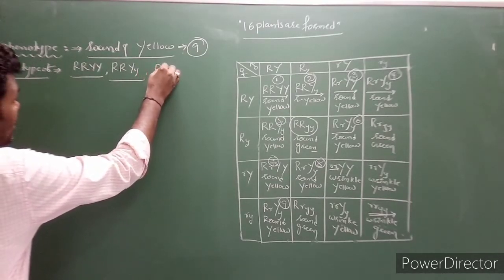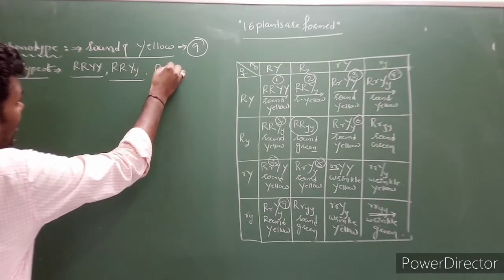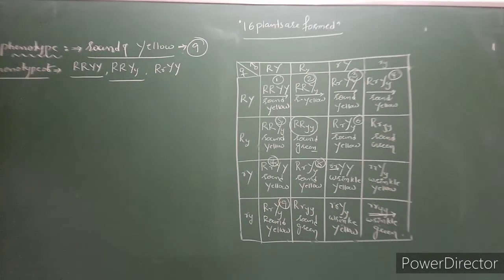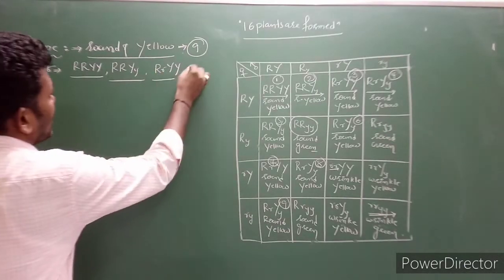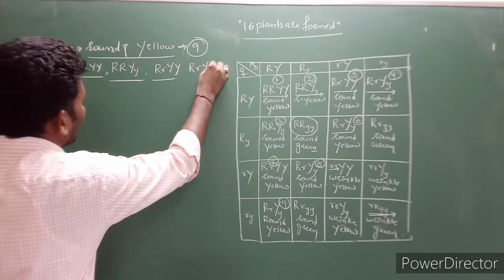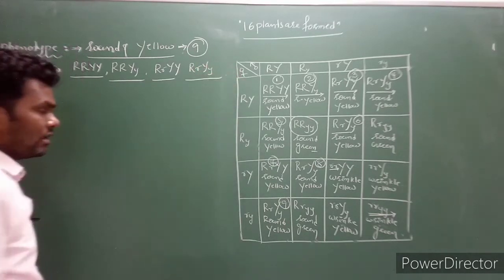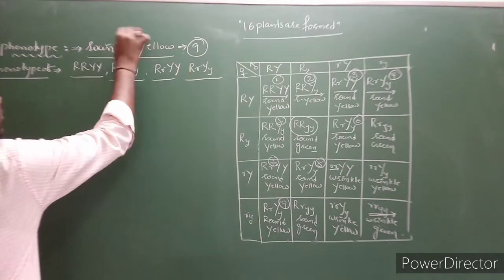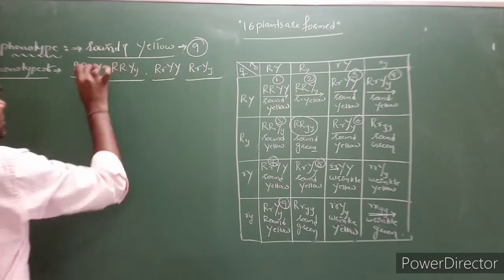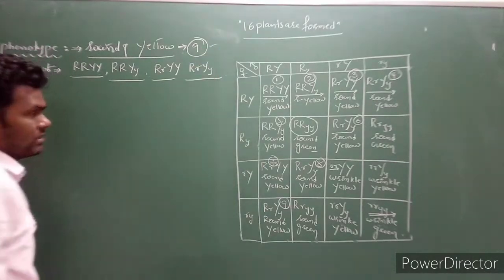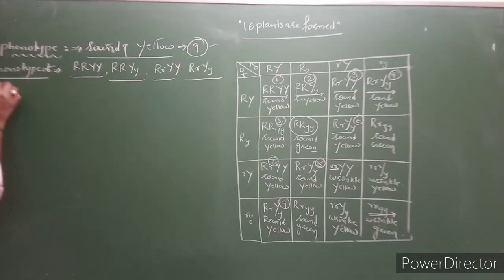Capital R, small r, capital Y. Again, yellow. Or capital R, small r, capital Y, and small y. Again, yellow. So this is actually a possibility of round and yellow color genotypes. Okay, such how many plants? 9 plants are found.